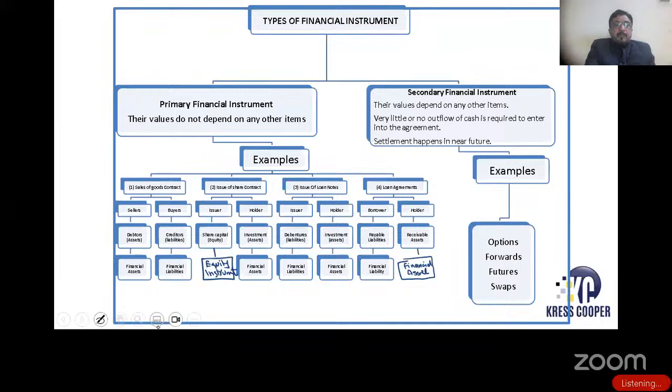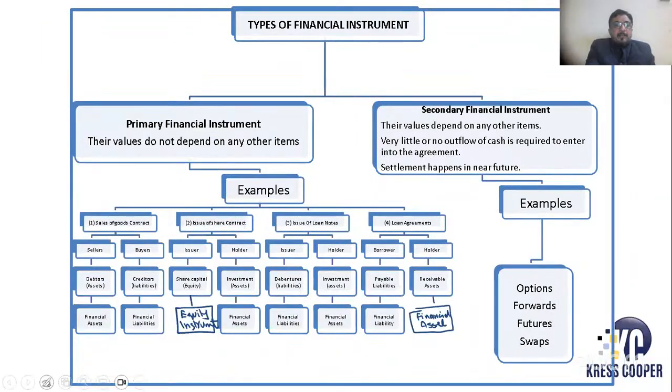Just to understand with more clarity, we can have a few examples. In a sales of goods contract, in the seller's entity you will find a financial asset, which is the trade receivable, and in the buyer's balance sheet you will find a financial liability, which is the trade payable.